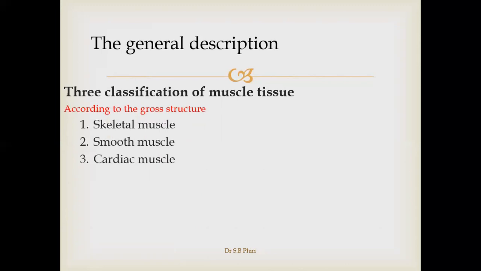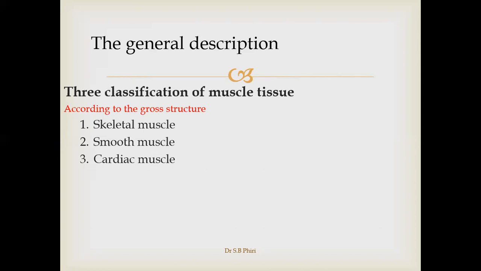When you're just looking at the muscle grossly, are you able to tell? Yes. Even when you go to the butchery to buy meat, you can ask them, can you give me steak? What you're buying there are skeletal muscles. Sometimes you can ask, can you give me intestines? Once you're given intestines, you'll be able to tell that those are smooth muscles.